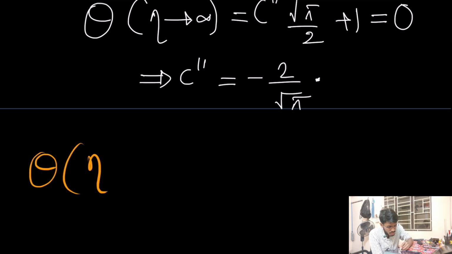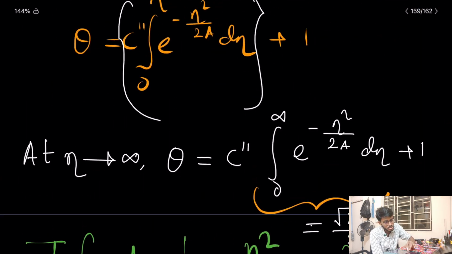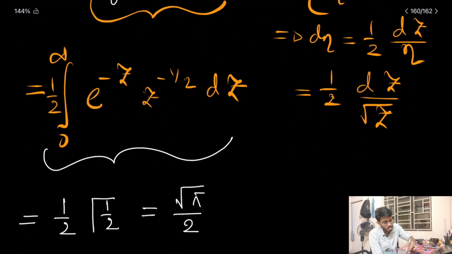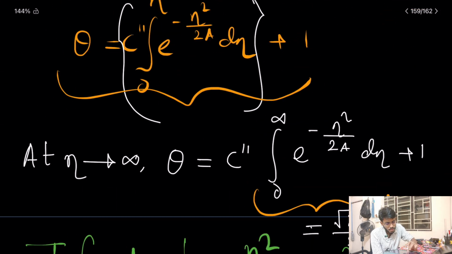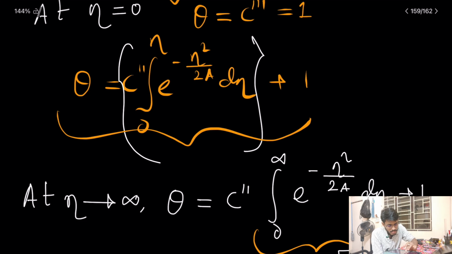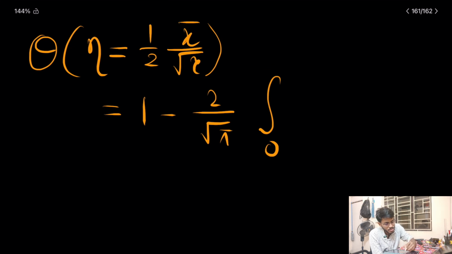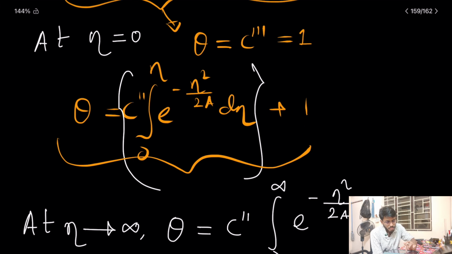That means my theta, which is a function of eta, that is equal to half into x bar by root tau, is nothing but 1 minus, because from this equation I am having 1, so 1 minus c double dash times the integral 0 to eta, not 0 to infinity, 0 to eta, e to the power minus eta square d eta, because a is equal to half.